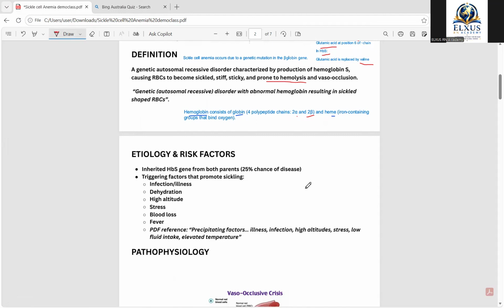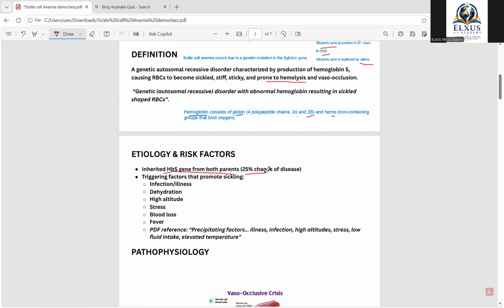That means both parents should be carriers, meaning they are not infected, but they have this abnormal HbS gene in their body. That means they are acting as carriers. So if both parents have this HbS gene in their body, there is a 25% chance of passing the disease to their offspring, or their children.